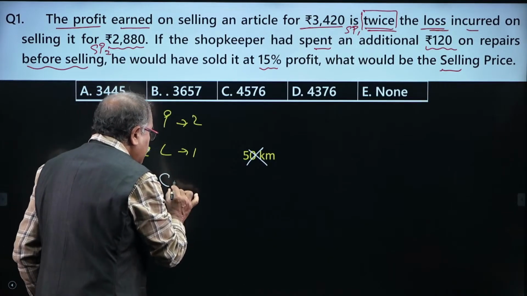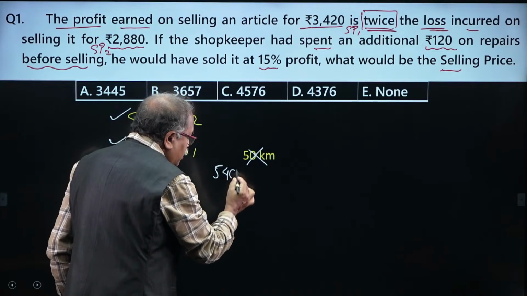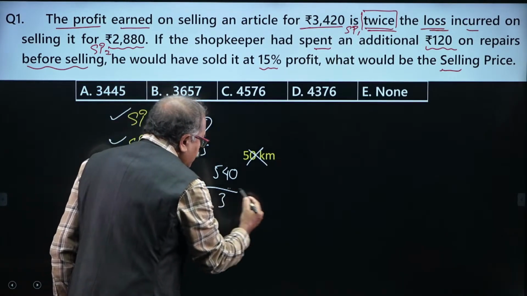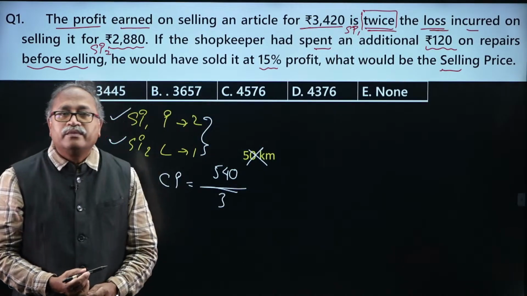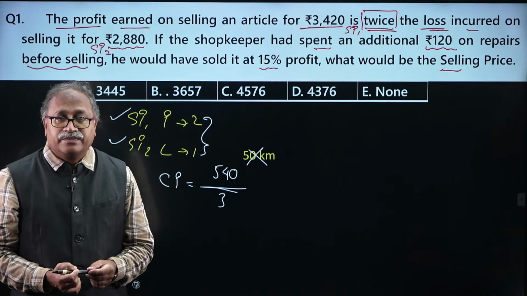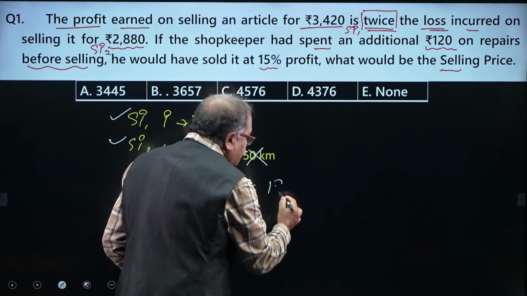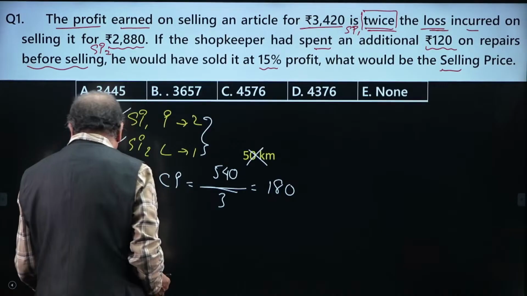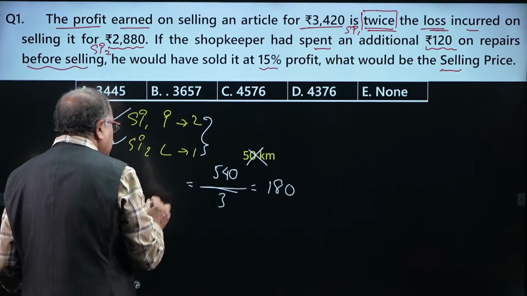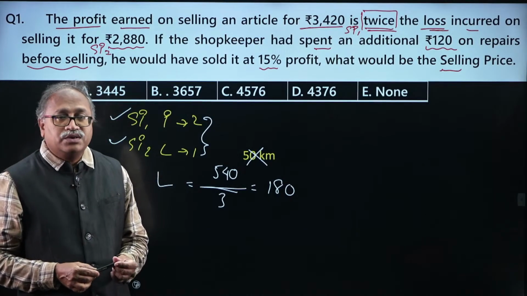So, the loss is equal to 540 divided by 2 plus 1, that is 3. It is the shortest method to find out the loss. And you know 18 threes are 54. So, I am sorry, not the CP, this is the loss, 180.